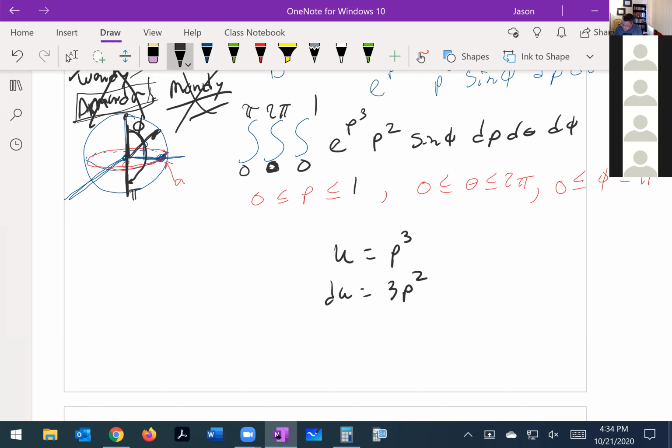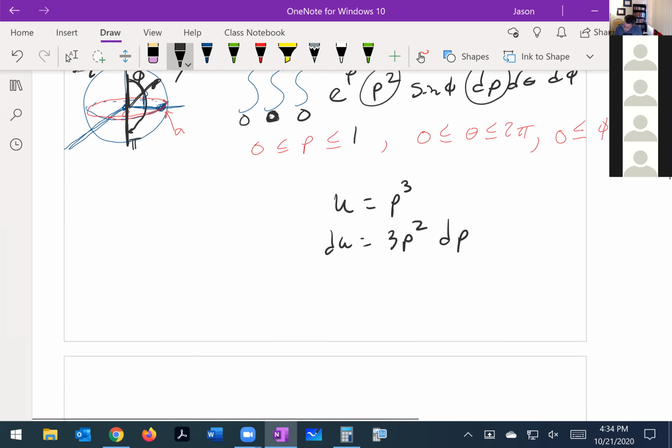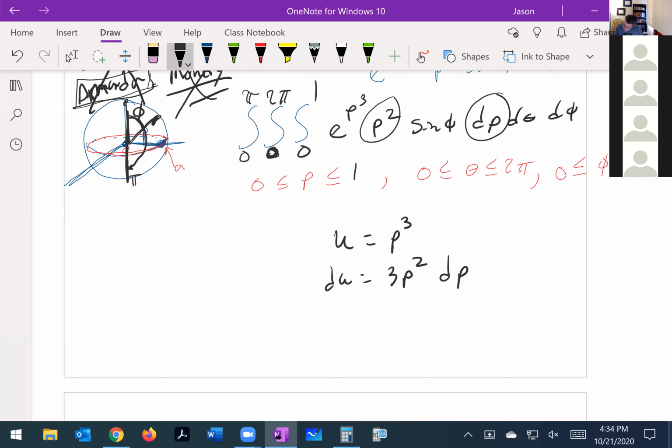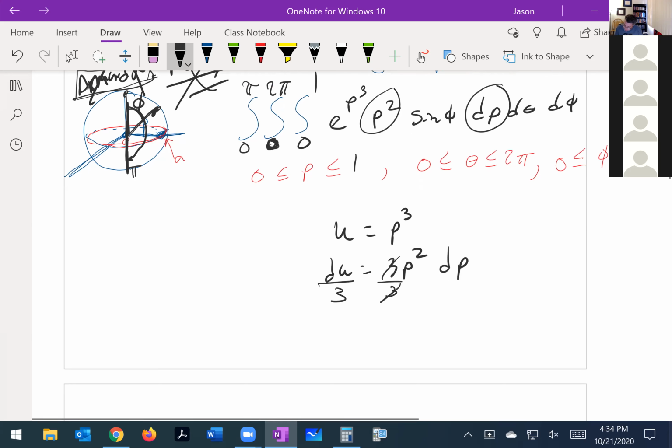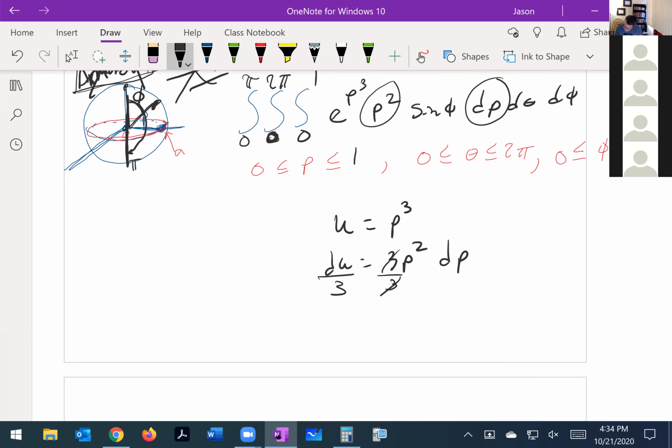That's nice because I already have the p squared and the dp here. So 3 du over 3 is equal to p squared dp. I could change my limits of integration too.